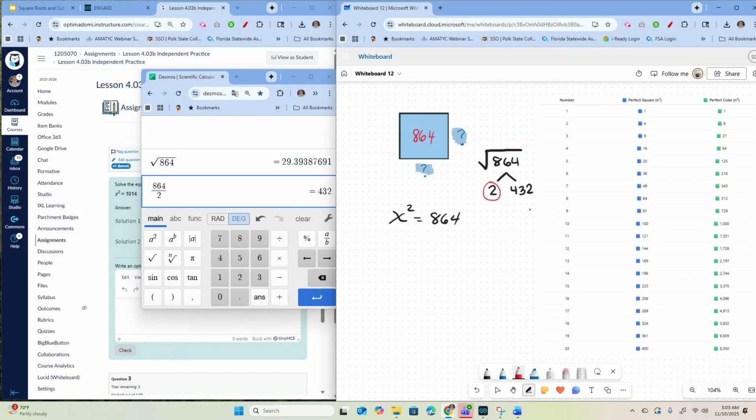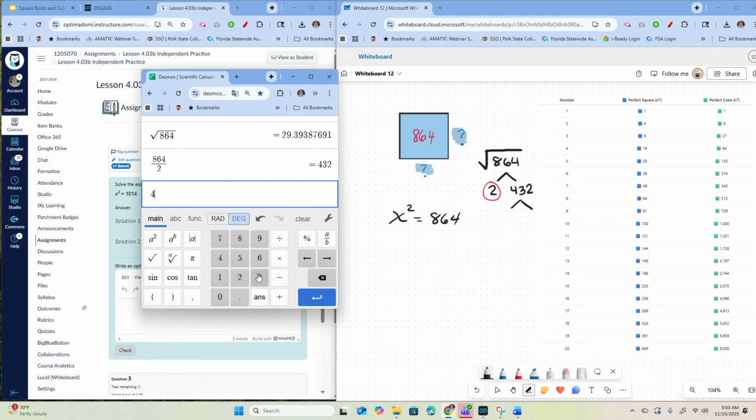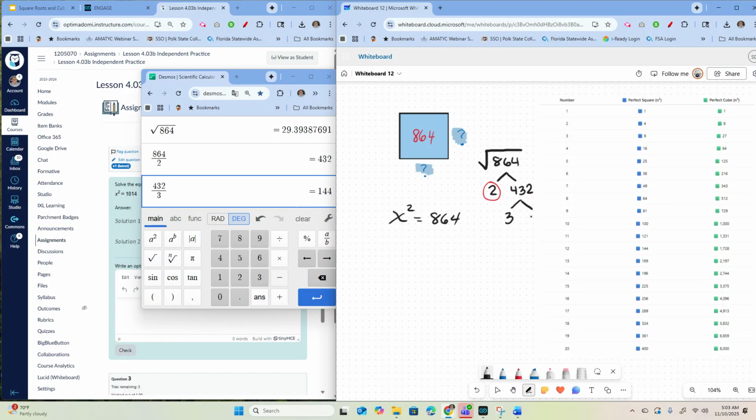I'm going to keep doing the tree now with 432. I was thinking maybe I can divide this by 3. Let me see, 432 divided by 3. Yes, look, I got 3 and 144. I already know 3 is prime, so I'm going to circle it. But 144, if you look at the table of perfect squares, is a perfect square.